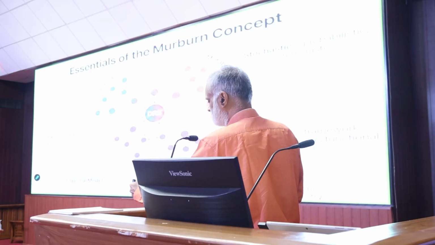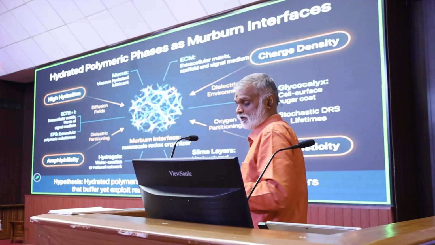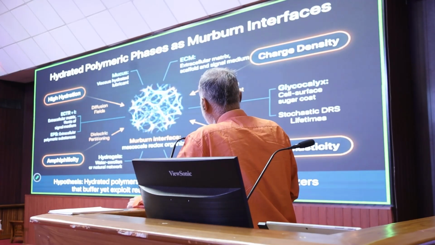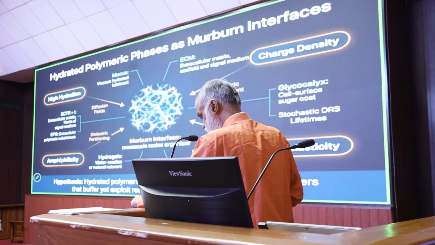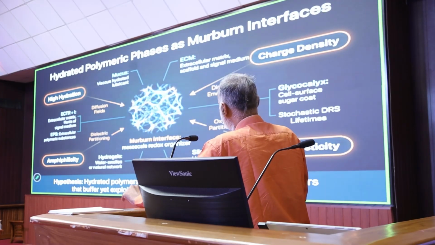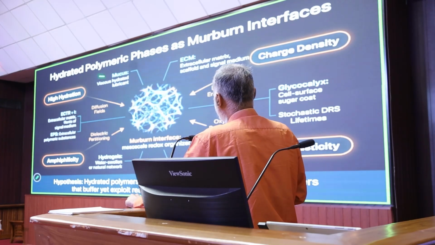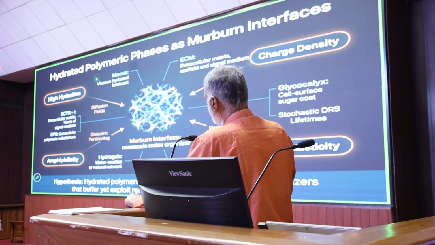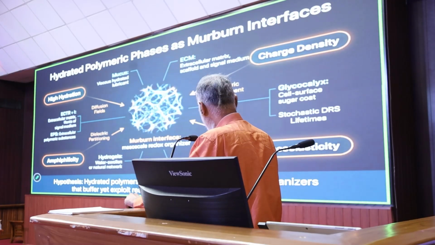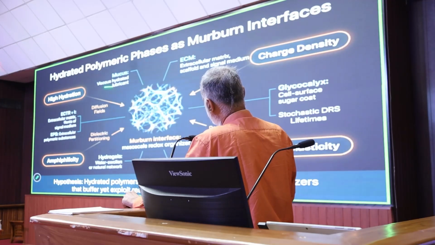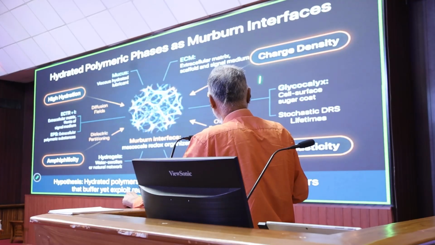Now mucus is defined in a very crude way as hydrated polymeric phases. And when it is hydrated polymeric phases, murburn is able to explain this to some extent. It can be explained in the mucus layers and the extracellular matrix, and we have breakdown attributes.